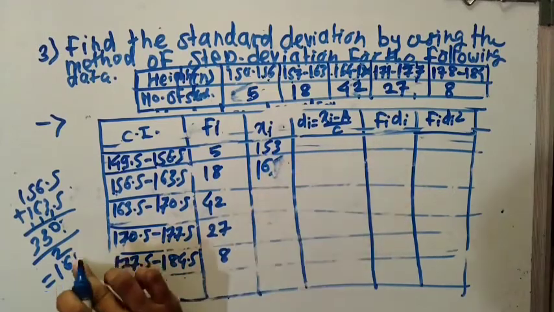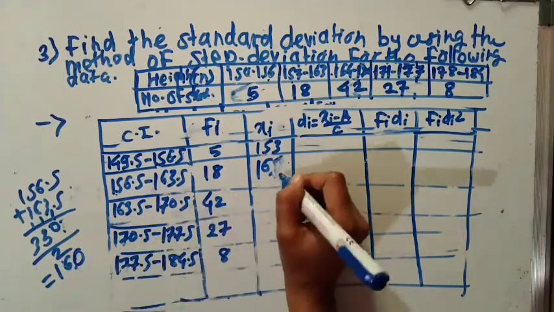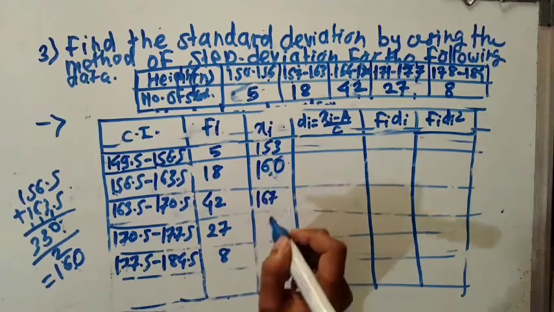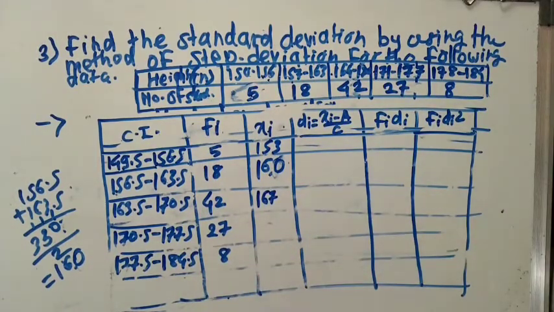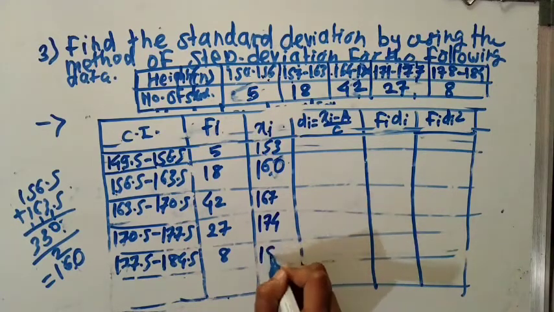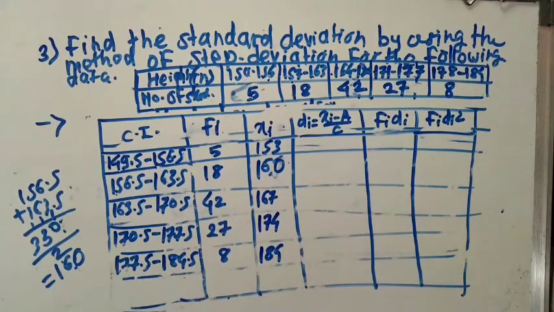So the values are 160, then 167, then 174, then 184.